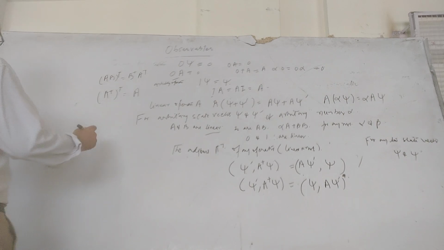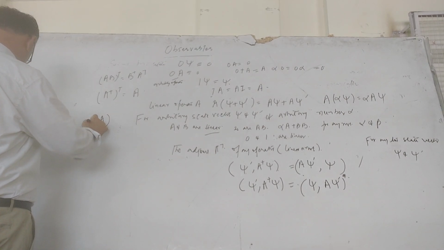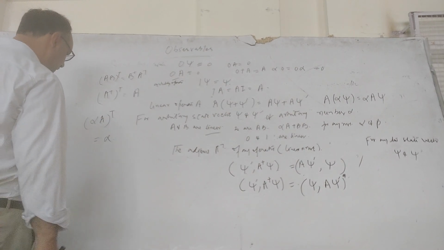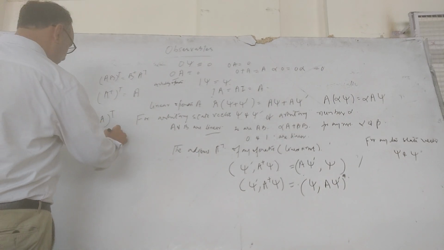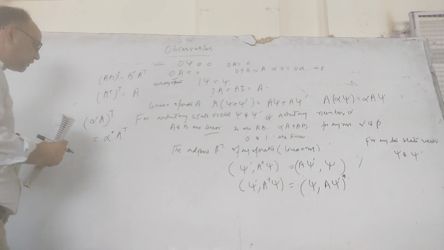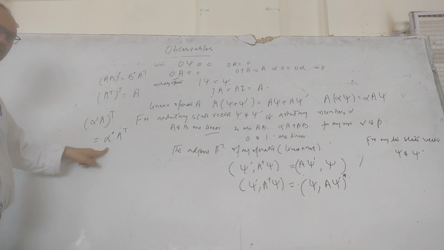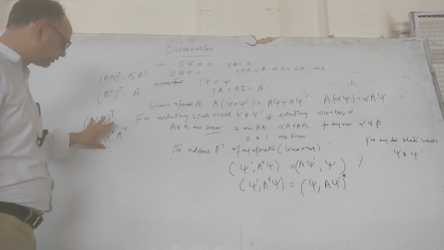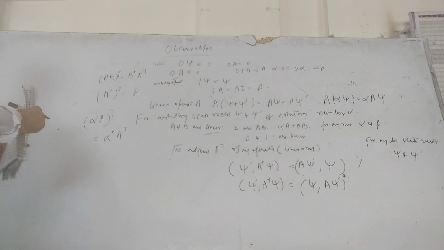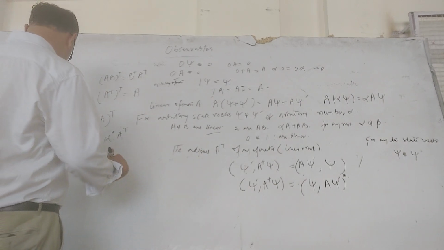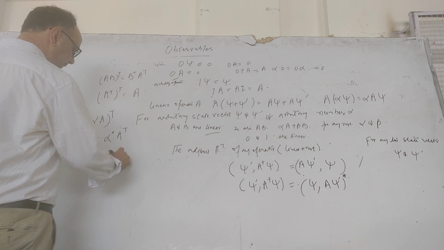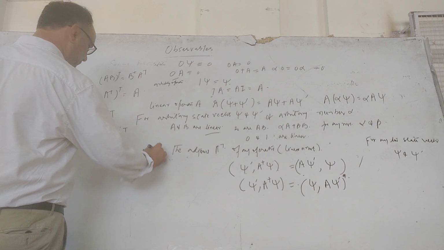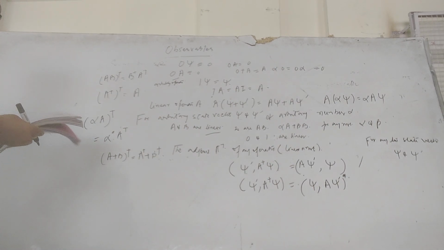And if you have a scalar with the conjugate operator, the scalar will come back as its complex conjugate if it's complex; if it's not complex, it can be alpha. And (A plus B) dagger will be equivalent to A dagger plus B dagger. So these are the properties.